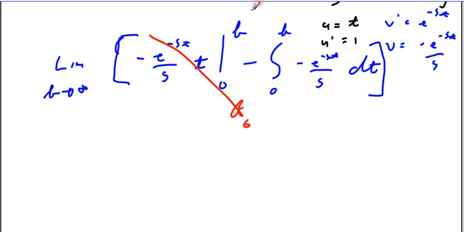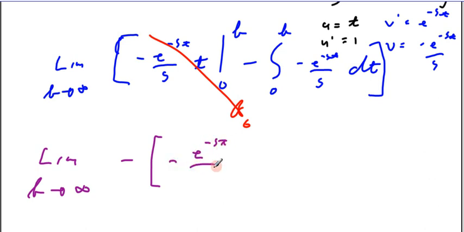And I end up with limit b goes to infinity, minus, and minus e to the minus st over s squared. That becomes a plus sign, evaluated at 0 and b.